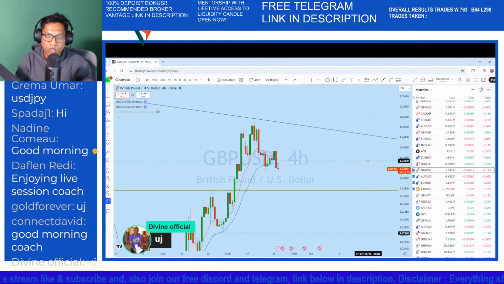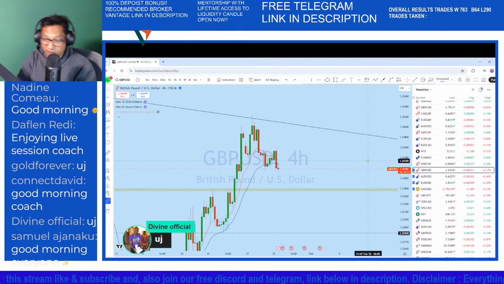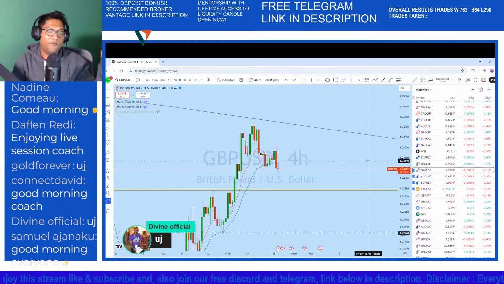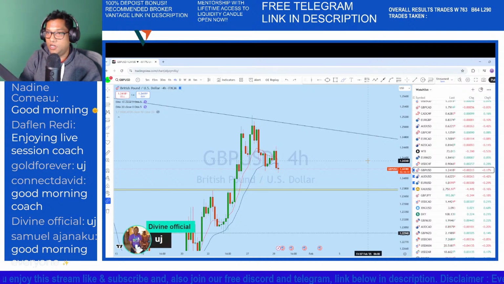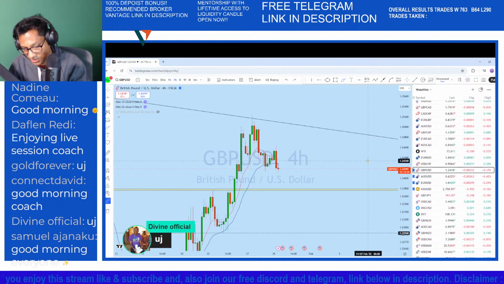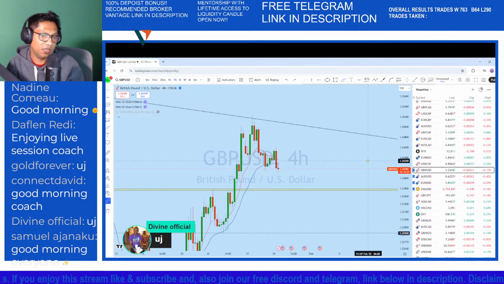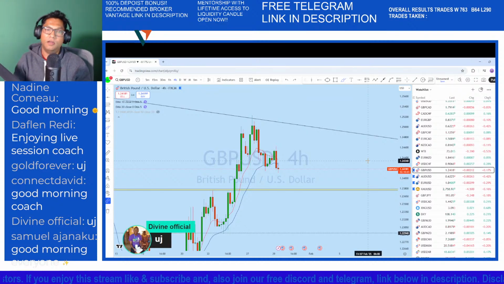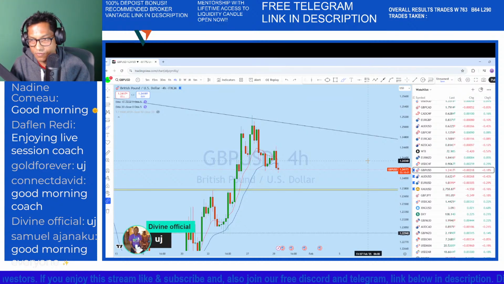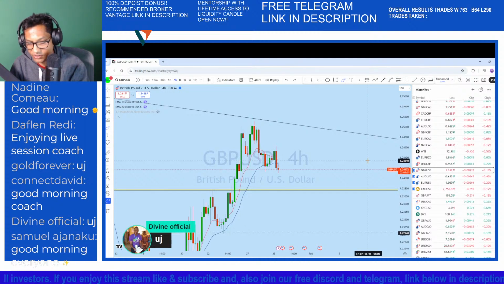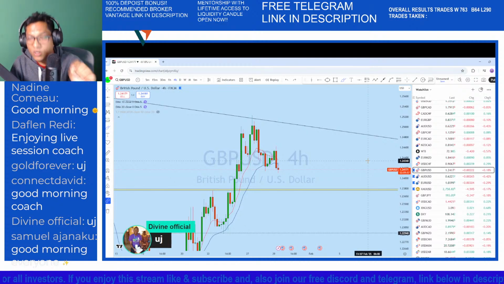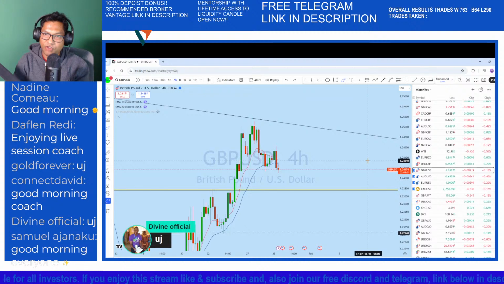Am I right? So there are many things, indicators. You can find other information in the market, right? You can see the news, you can see many floating information. Guys, I can't emphasize this more: the only reliable information that we have as a retail trader is price action.